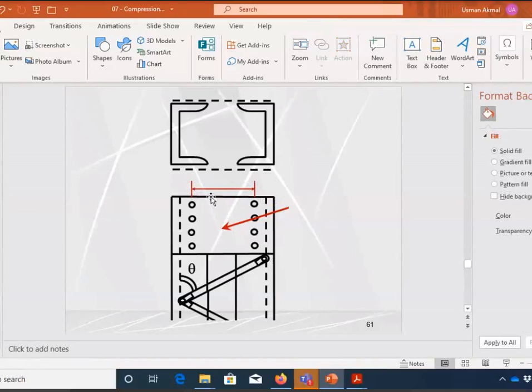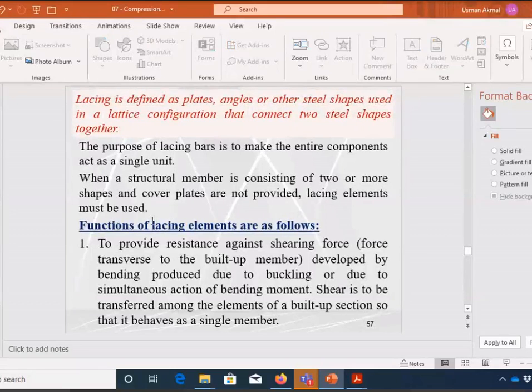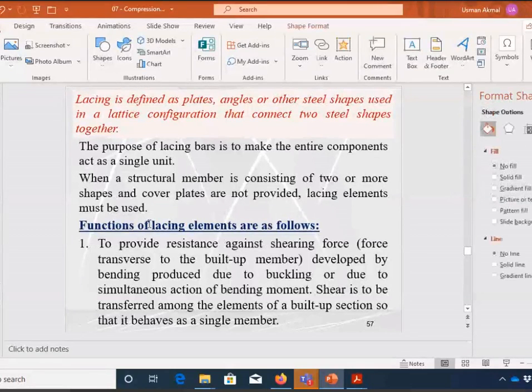S is the distance from the center of fastener from the one single angle to the other.